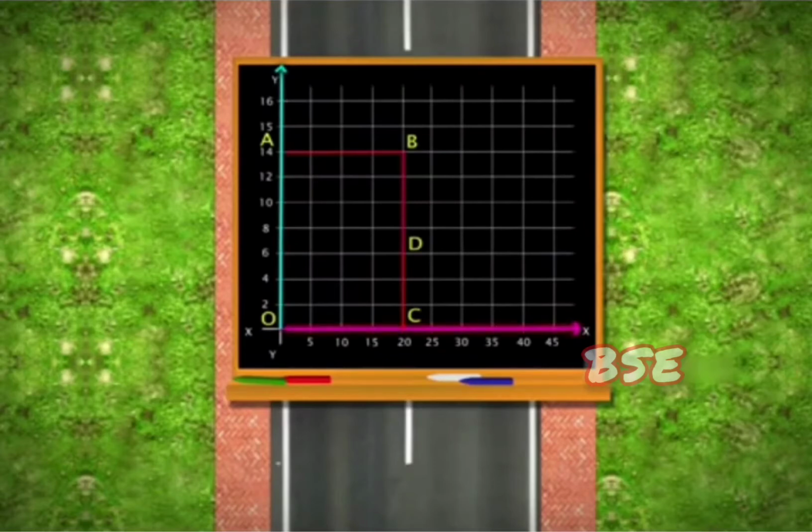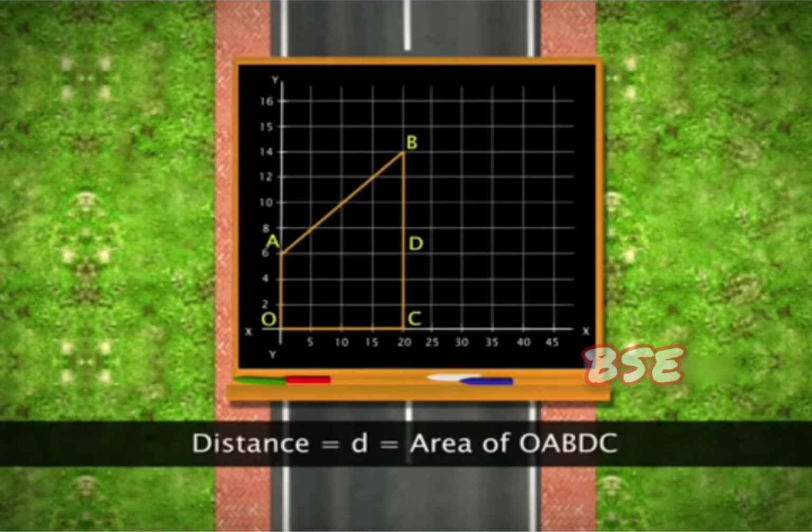If the x-axis represents time taken and the y-axis represents the velocity, then what do you think the area OABDC represents? The area of OABDC represents the distance traveled by the car in 20 seconds.